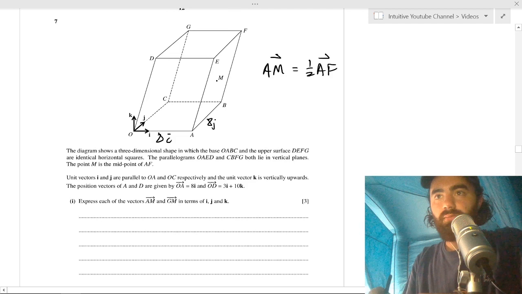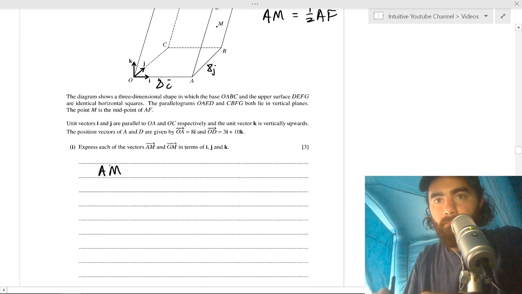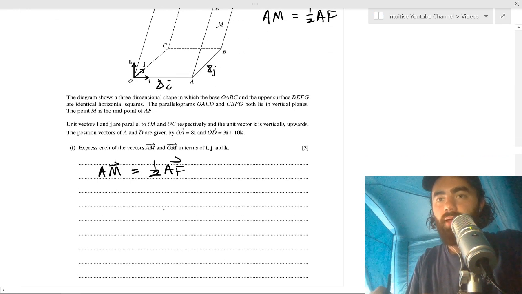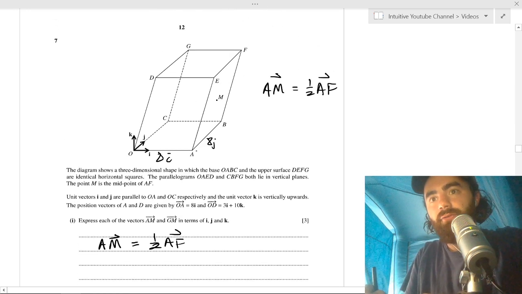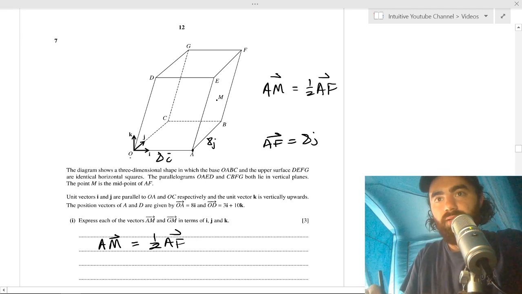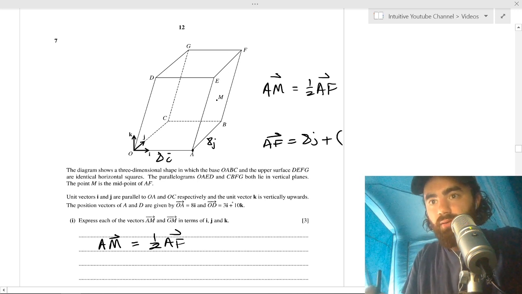each as vectors. Well, our AM is going to equal half AF. So if we find AF, we can find AM. Our AF is going to be 8J plus BF, which is the same as OD. So it's AB plus BF, so that's 8J plus 3I plus 10K.